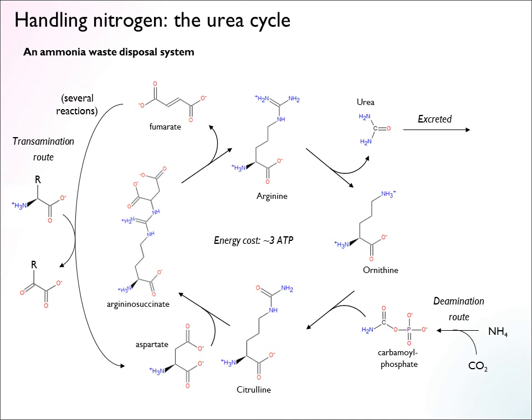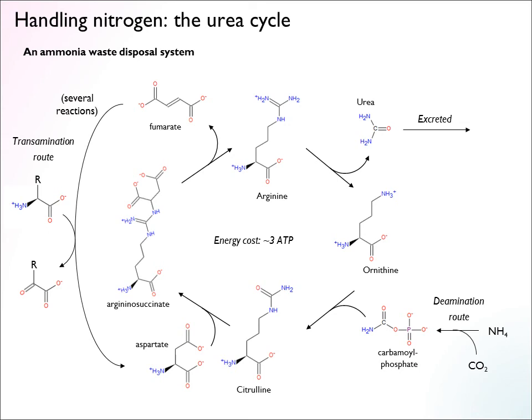In this case, the aspartate is channeled into the cycle by first forming an intermediate called argininosuccinate, where the aspartate part is here, but the actual amine group has been transferred. And then this part of aspartate, which is actually like fumarate, is cleaved off. And in this way, just the amine group is able to enter. So that's one way of getting ammonium into this system.